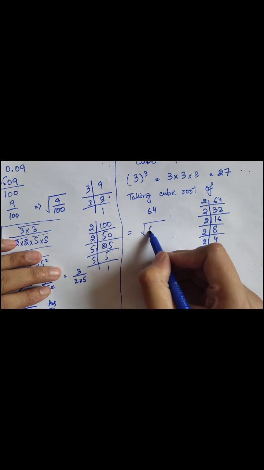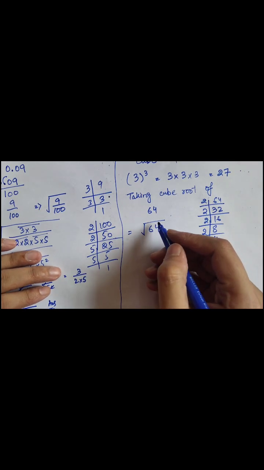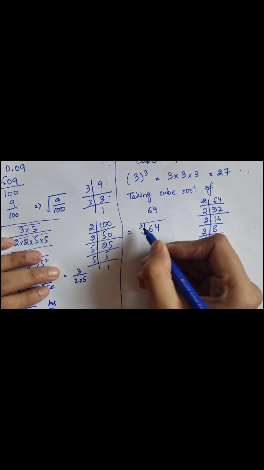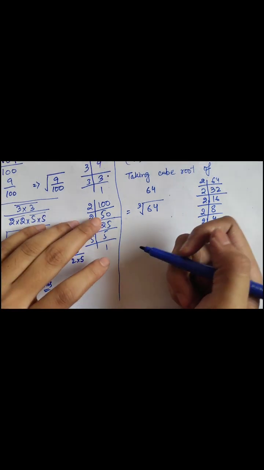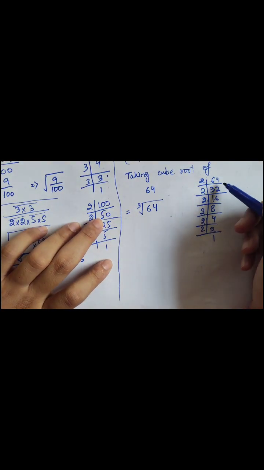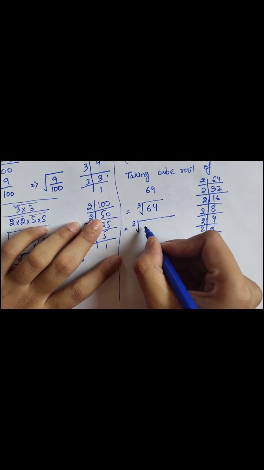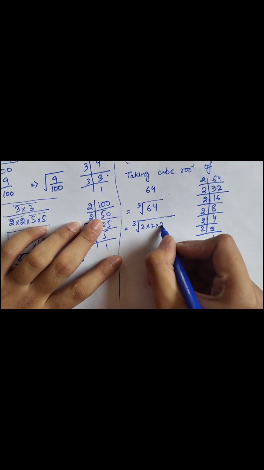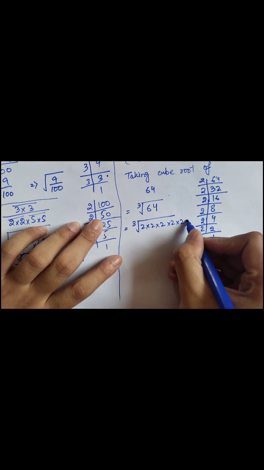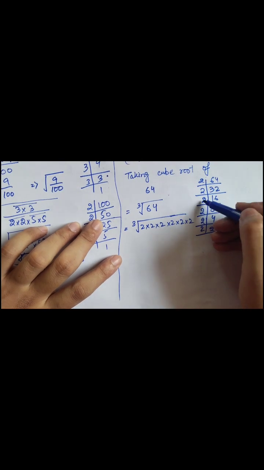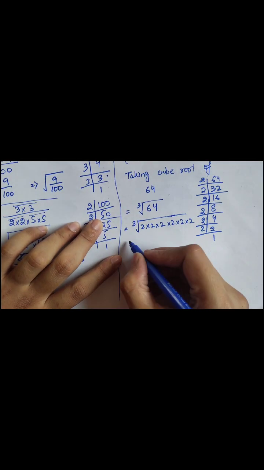Now we are taking the cube root of 64, so we have to write 64 under the cube root. So we have made the factors of 64. We have to write them here. It becomes 2 into 2 into 2, these are 1 2 3 4 5 6. I have written all of these factors.